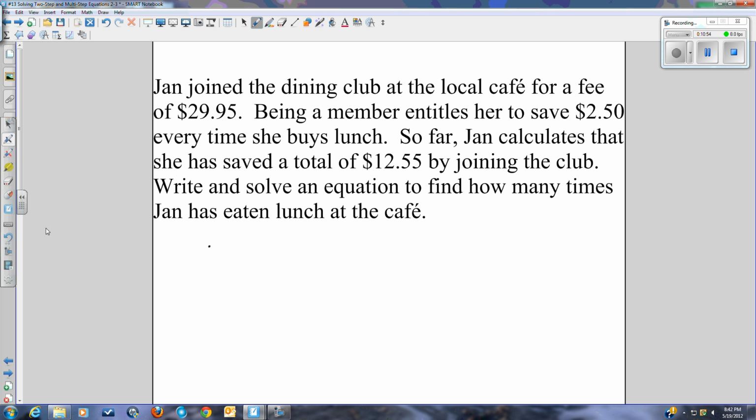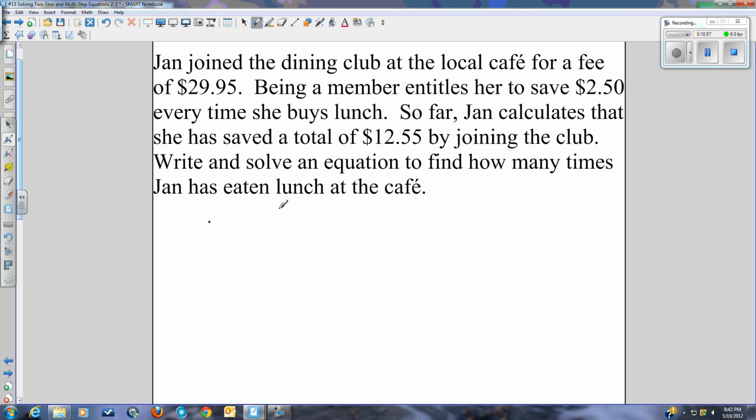So, let's go ahead and see if we can set up an equation for this. We know that she saves $2.50 every time she eats lunch. So let's have x stand for the number of lunches that she has had. Well, $2.50 times x would tell you how much money she's getting back.